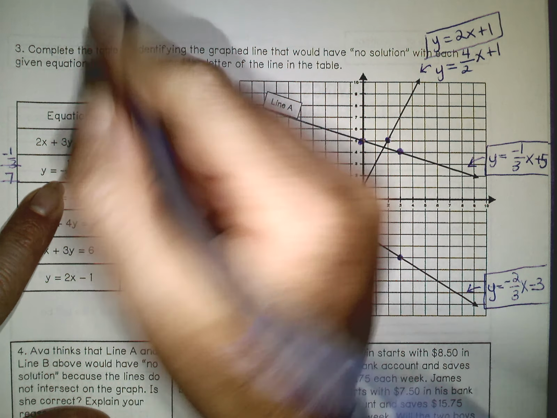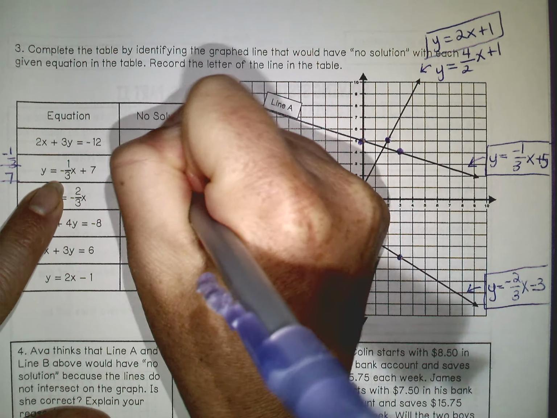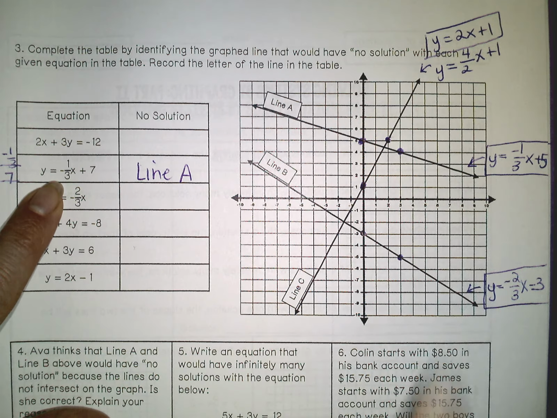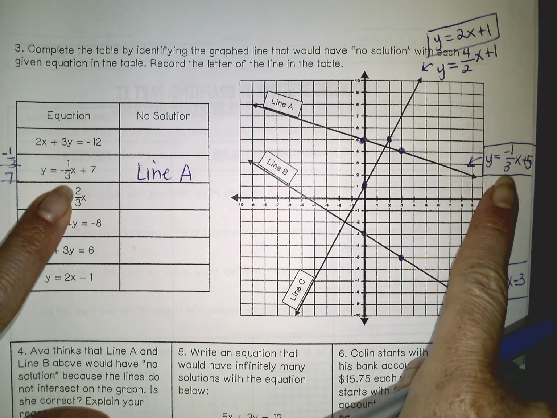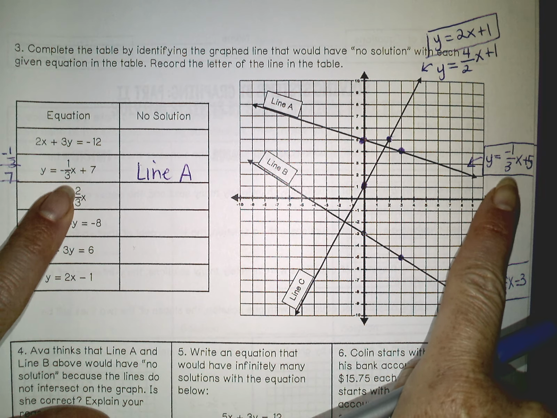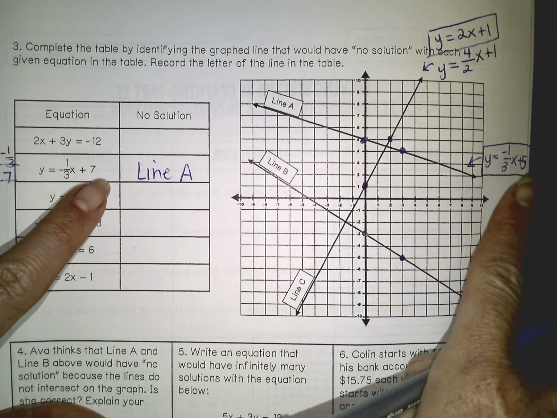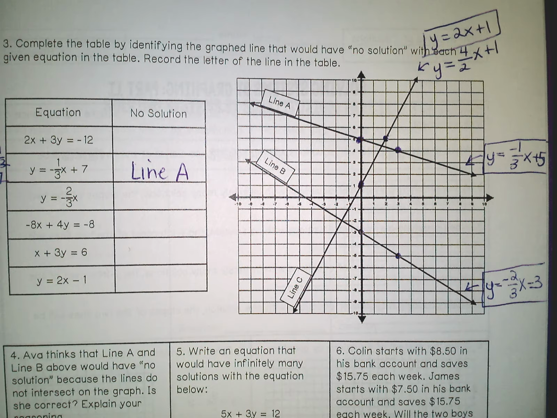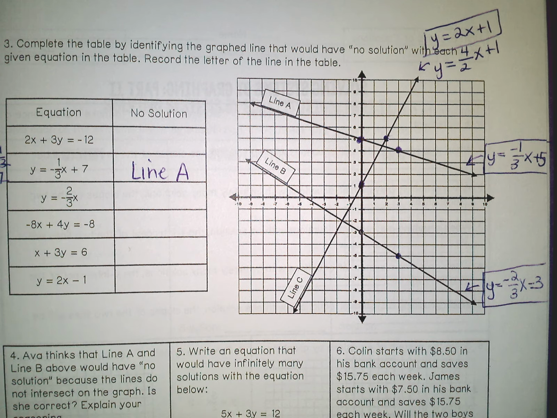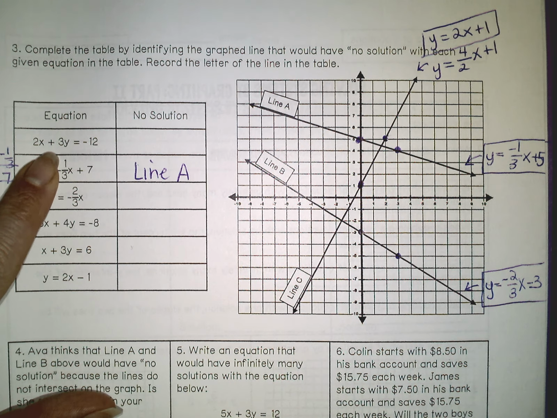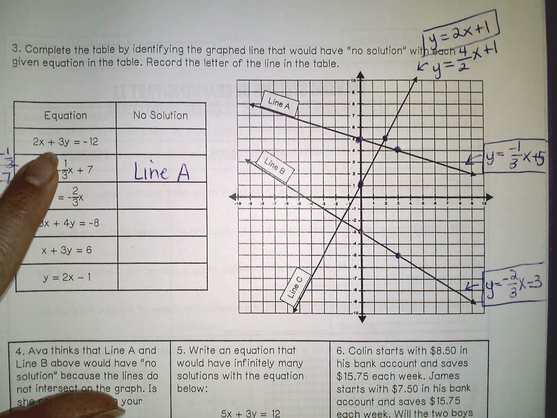So which one of these lines has a slope of -1/3? Line A would have a no solution with this equation because they'd have the same slope but different y-intercepts.